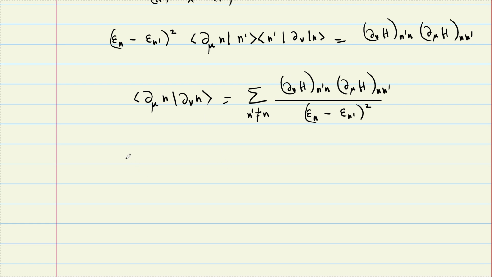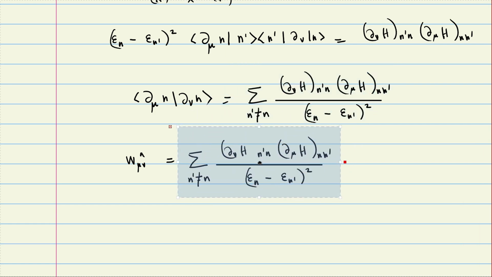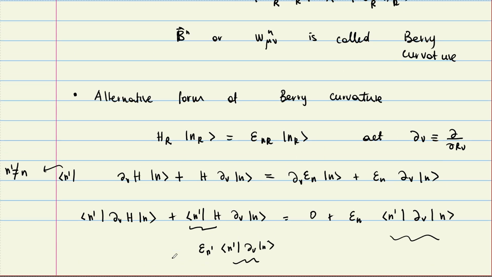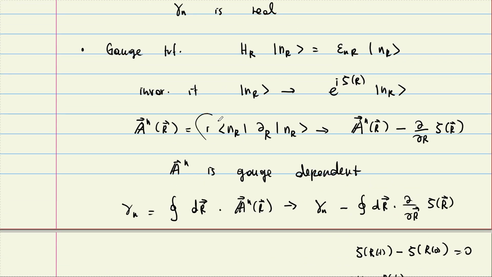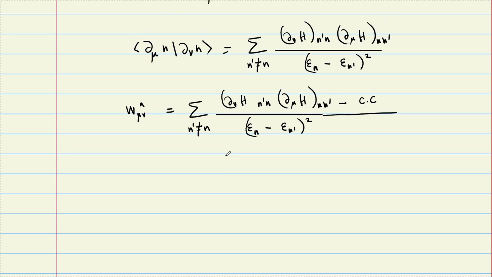Let me just write that. Omega mu nu n is equal to this thing, and let's extend this minus this complex conjugate. And here, at the moment there is no factor of i. You can see there is a factor of i here which was missing, and that factor I'll just write by hand.